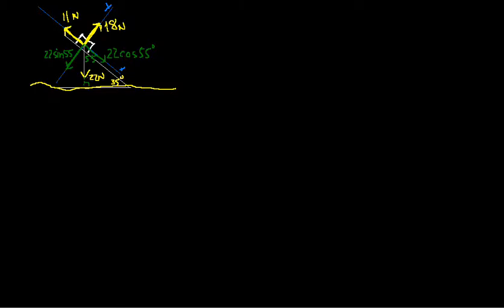Now we don't have to worry about this anymore. We've got four orthogonal, or perpendicular, vectors, and we want to start calculating the net force. So let's look at the net force in the x direction. The net force in the x direction is going to be 22 cos 55.